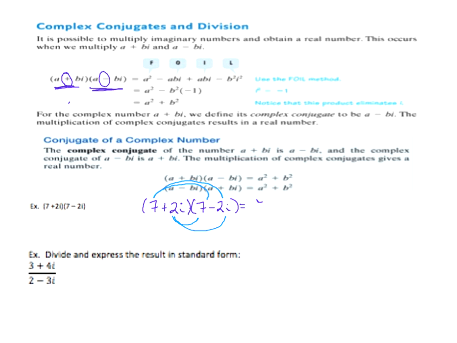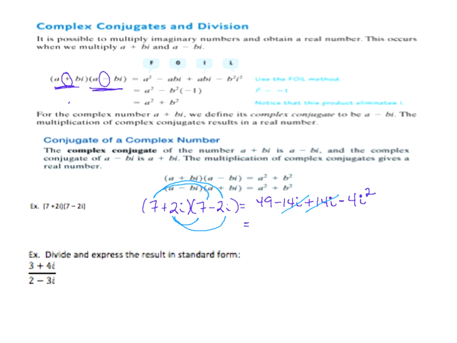And here's what I get. 7 times 7 is 49. 7 times negative 2i is negative 14i. 2i times 7 is positive 14i. And 2i times negative 2i is negative 4i squared. Well, notice when I multiply complex conjugates, this always happens. My two middle terms will always be opposites of each other. So they will just drop away.